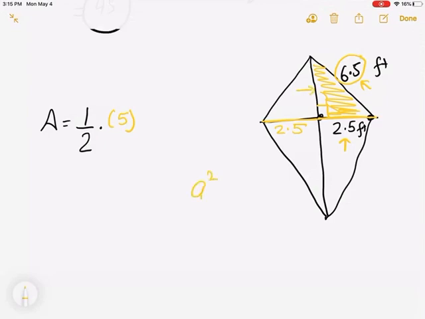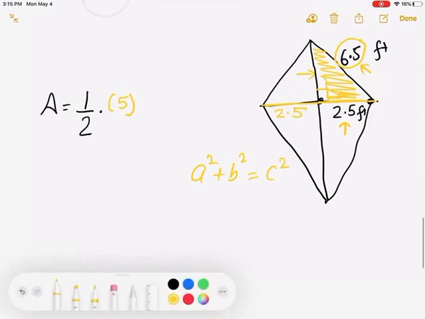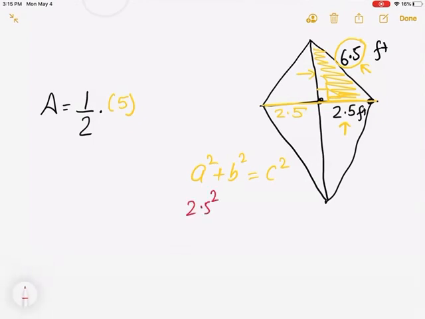So we could do a squared plus b squared is equal to c squared. So let's plug everything in. A squared, so let's just say 2.5 squared. B is missing, and c squared, which is the hypotenuse, is on the other side. So I would say 6.5 squared is 42.25. 2.5 squared is 6.25 plus b squared.